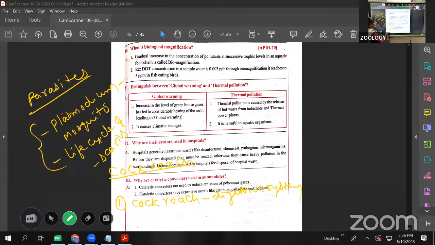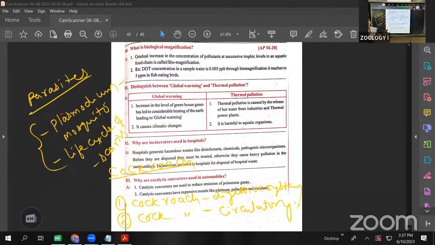Next, cockroach, the circulatory system. The failure candidates must compulsorily learn these 4.